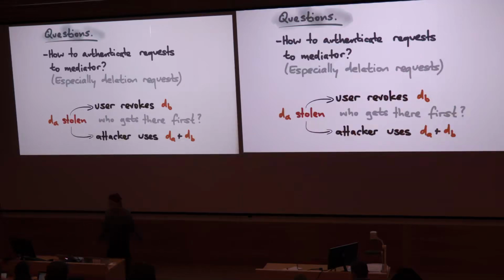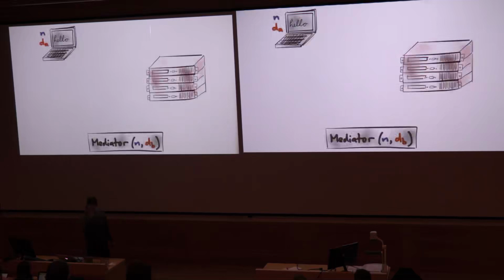So you've got this race between the two. And so anything we can do to slow down the attacker here is going to be an advantage to the user, because it gives them more time to revoke the key. And now, well, as we said, we can use a slow hash function to slow them down, but there are other things we can do as well. So let's talk first about the authentication of requests to the mediator.